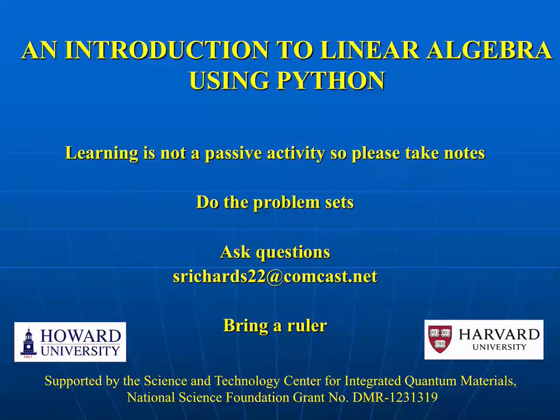So again, administratively, remember that success in this course relies on the fact that learning is not a passive activity, so please take notes. It's important for you to go through the notes, either if you review them in real time or on the video clips. Again, you'll get nothing out of this course unless you actively participate in doing the problem sets. And when you get the problem set solutions, I wouldn't recommend just jumping to the answers. Essentially take the time to go through the problems.